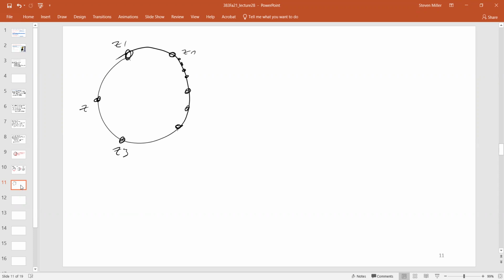Instead of calling the point Z star, let's call it Z. Where do you want to put the point Z? Let's construct a function f of Z that is the product of Z minus Zk, k goes from 1 to n.